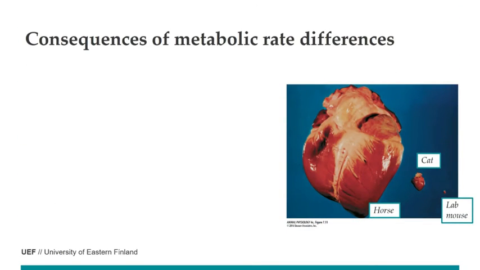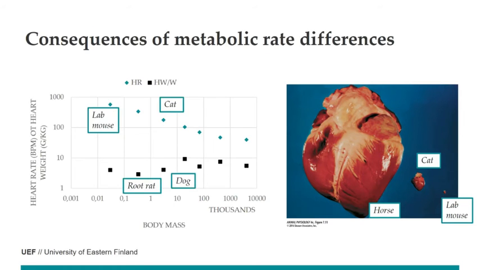Okay, what are the consequences of metabolic rate differences? Over here we have the heart of a horse, a cat, and a laboratory mouse. You can see that a large animal has a large heart. But if we compare the heart rate and the weight of the heart versus the weight of the animal, we can see some interesting differences.